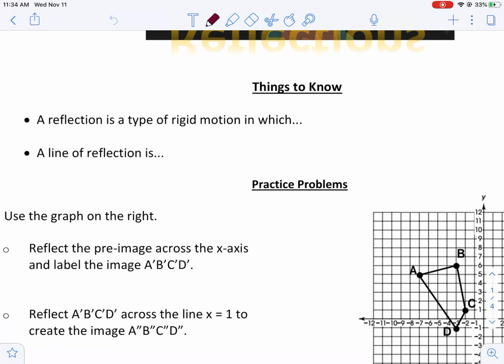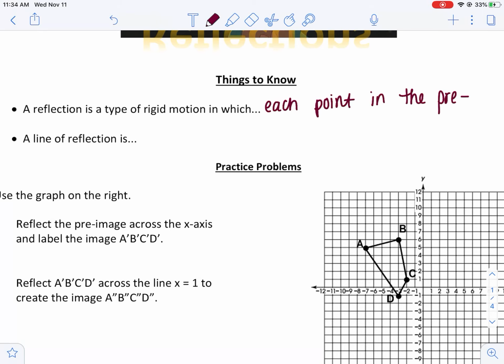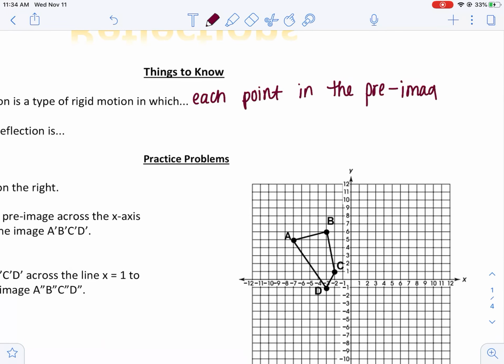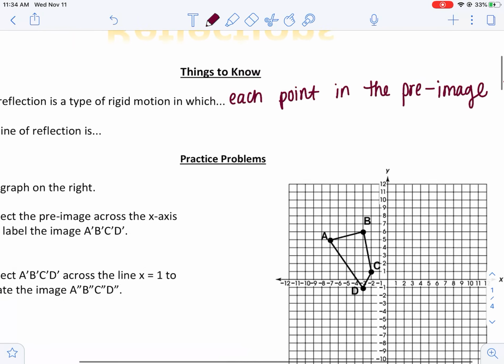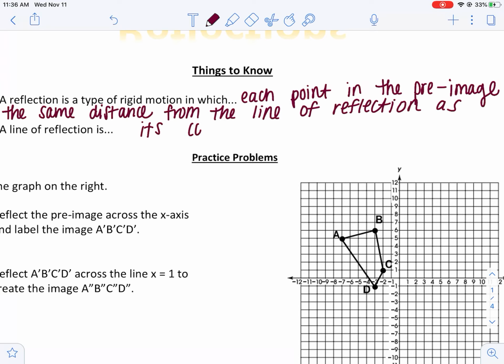So, to start us off, a reflection is a type of rigid motion in which each point in the pre-image, remember that's the image that we start with, is the same distance from the line of reflection as its corresponding point in the image.